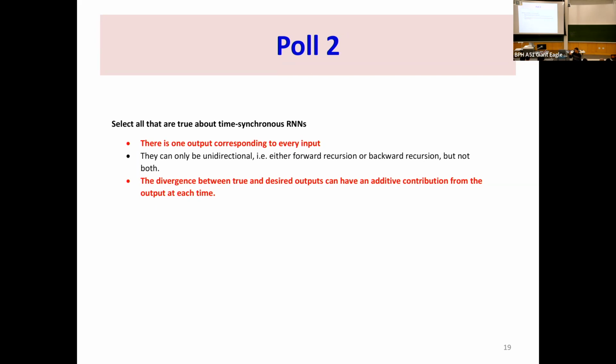In the case of time synchronous networks, you're going to have one output for every input. And although the divergence is ideally defined between sequences, you can, in principle, also define a divergence, which is the sum of the divergences at individual outputs.